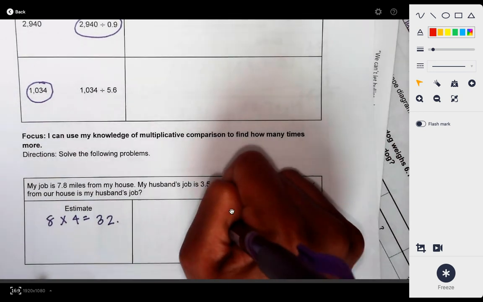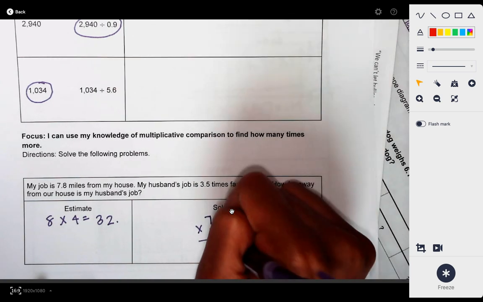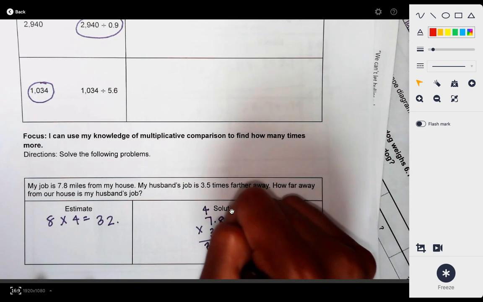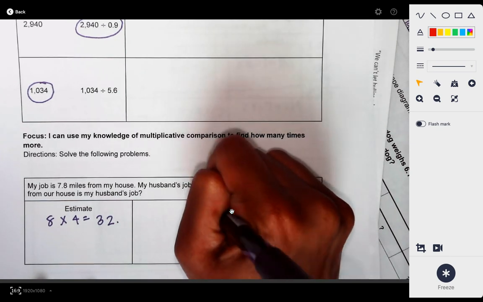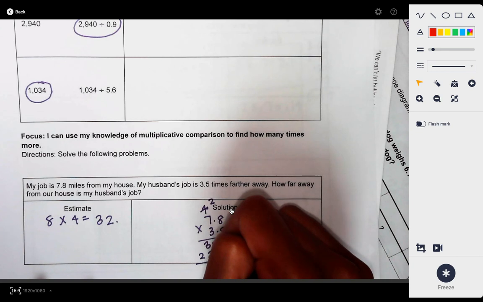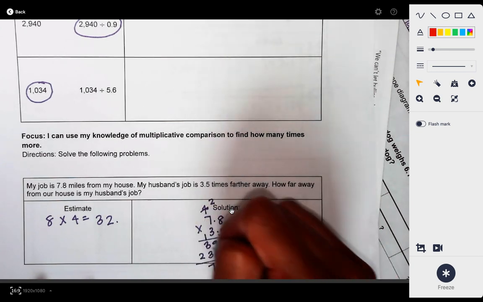And now we find the actual solution. 7 times 5 is 35, 39, 0. 8 times 4 is 20, 8 times 3 is 24. 7 times 3 is 21, plus 2. Okay. 3, 7, 2.